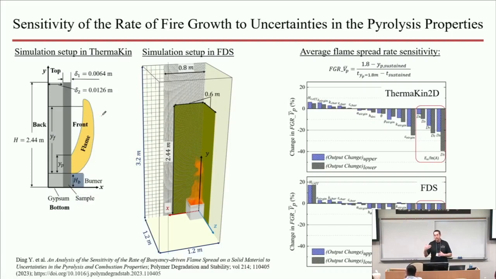Both of them indicate that the properties we don't measure well are kinetics. Okay, these A's and E's we don't measure well. Even with the existing TGA tools, we don't measure sufficiently well, based on the scatter available in the literature. And these properties can have substantial impact on this prediction. So this is where we can do better. The second thing where we can do better, somewhat surprisingly to me, is the heat capacity of the virgin material.